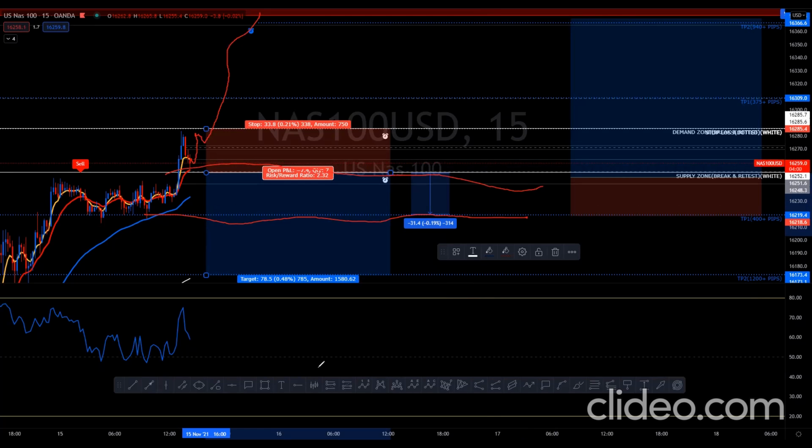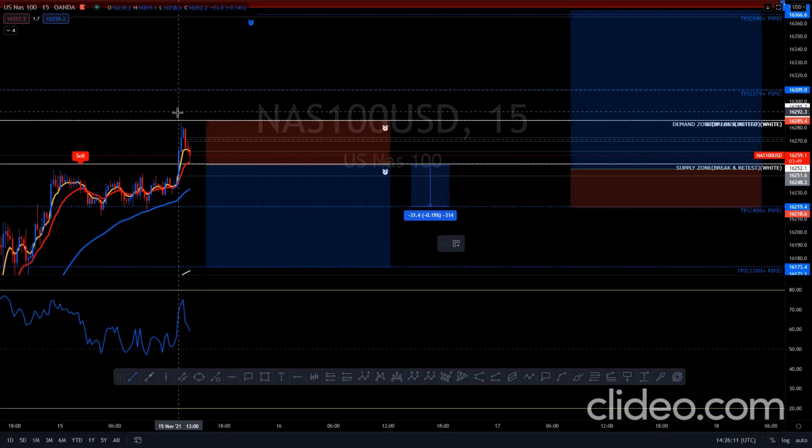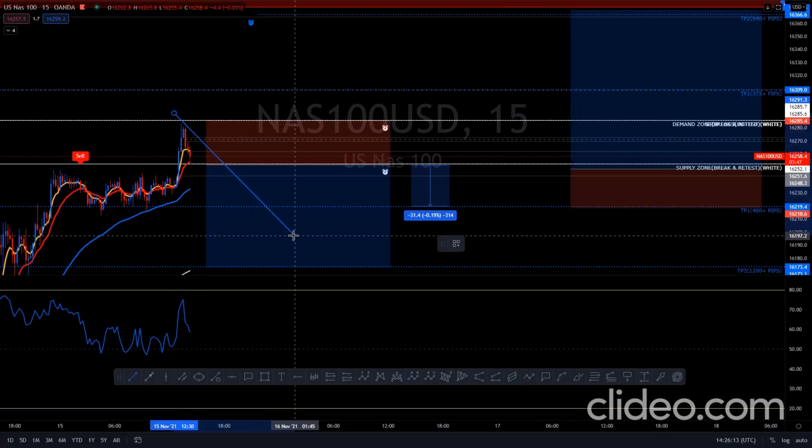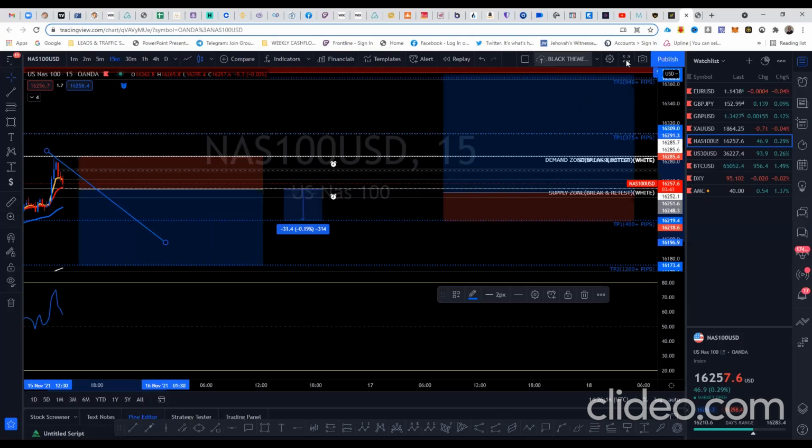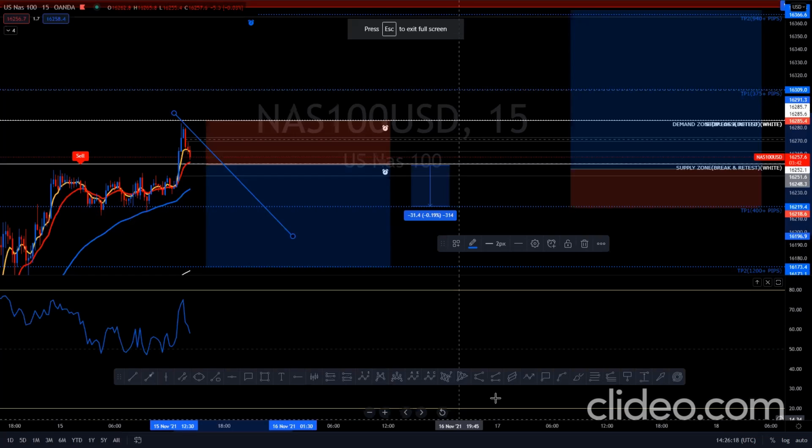So we want to see what price decides to do. But ultimately on the RSI, it looks like price is trending down. So we'll see. What I'll probably do is draw a trend line here. It's more likely price is trending down. Let's wait until the 9:30 bell and see what pops.